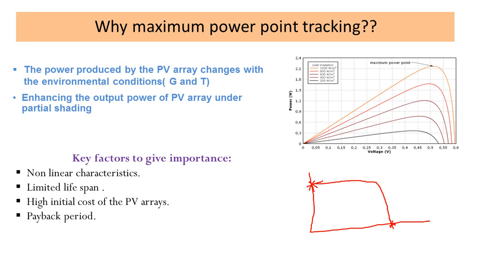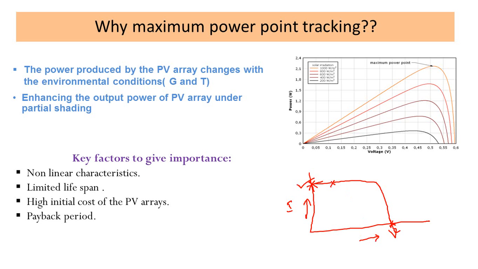When it operates at this point, your current is maximum, this is your current axis, whereas your voltage is 0. When you operate at this other point, your voltage is maximum, whereas your current is 0.